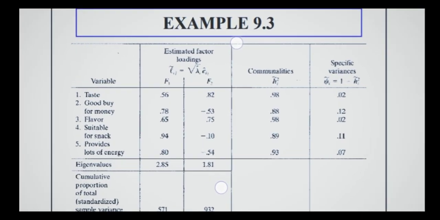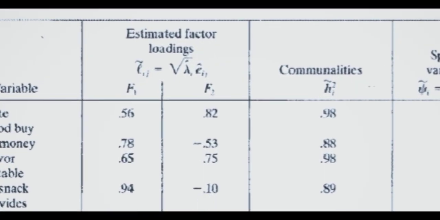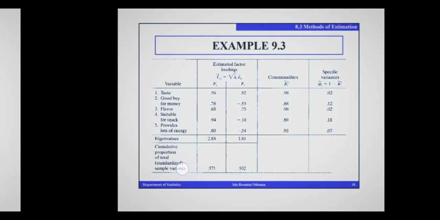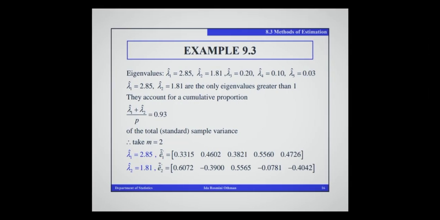Macam mana nak dapatkan 0.56 here? It is square root of lambda 1, which is square root of 2.85 tadi. Multiply E11. E11 adalah elemen daripada first variable. So square root of 2.85 multiply 0.3315 untuk dapatkan 0.56.